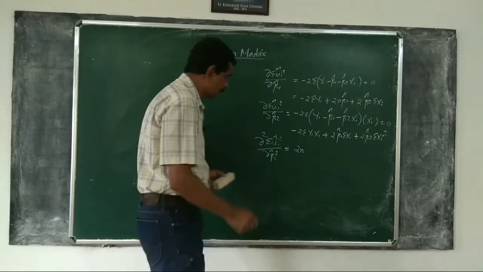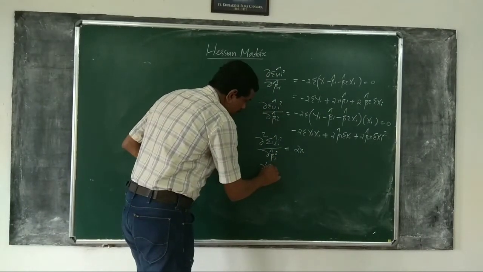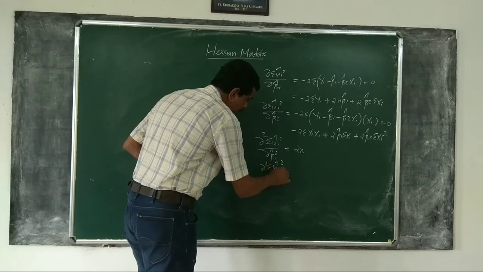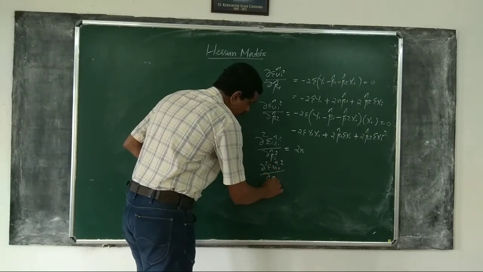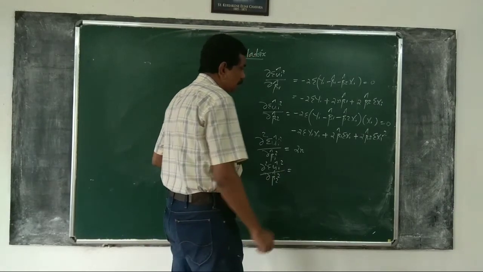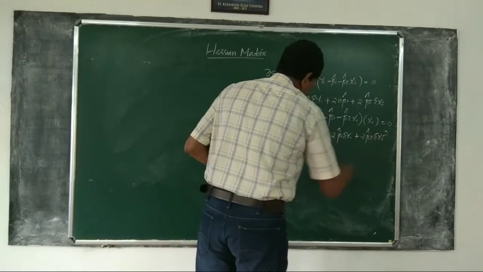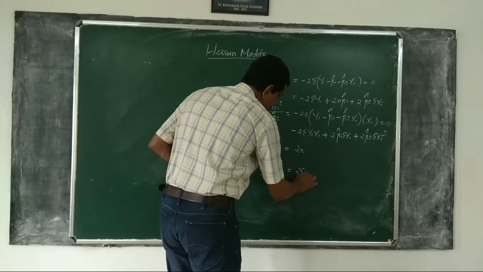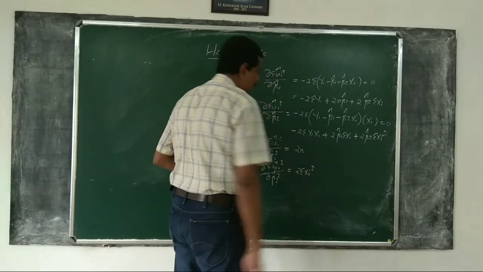Similarly, ∂² sigma u hat i square with respect to ∂ beta 2 hat square is equal to 2 sigma xi square.